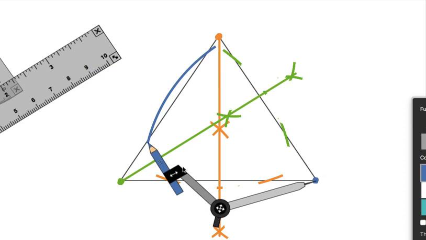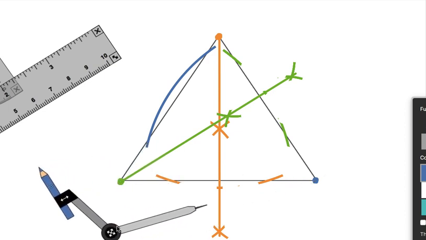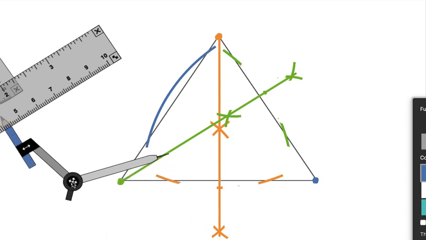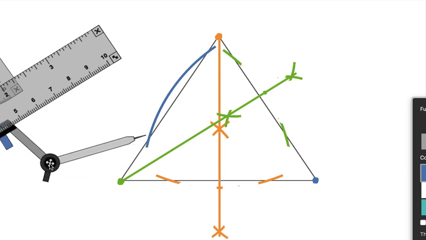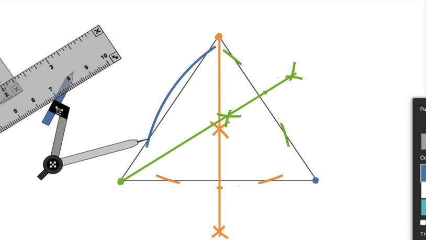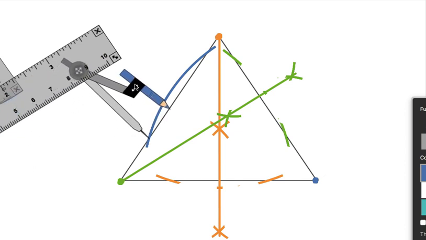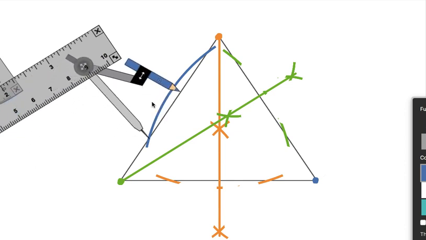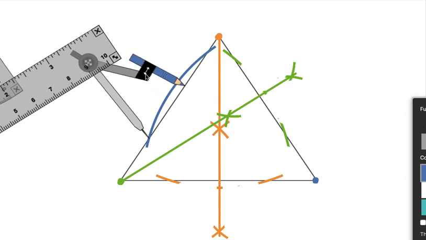I'm going to extend this other one just a little further. Okay, so these 2 intersection points, those are the 2 that I'm using to make my perpendicular bisector. So I put my point of my compass on one of those intersections. And I want to make sure that my compass is set to over half the length. So over half the length from one to the next.